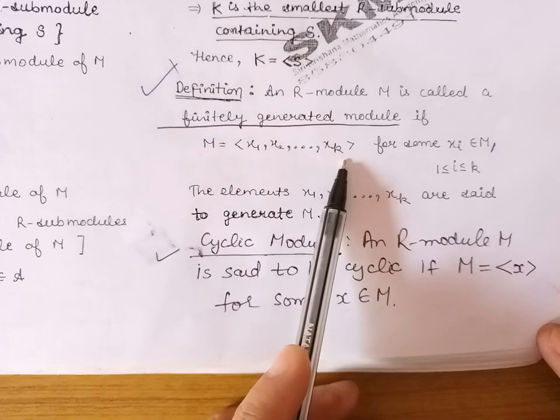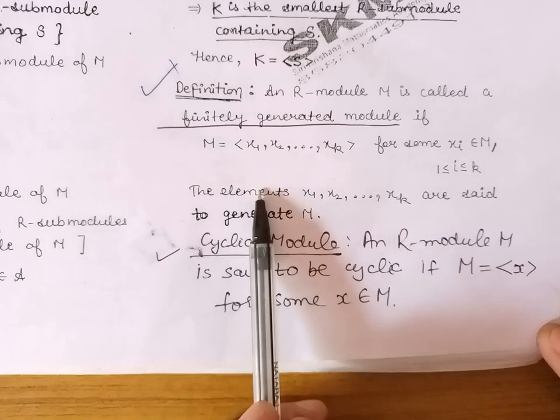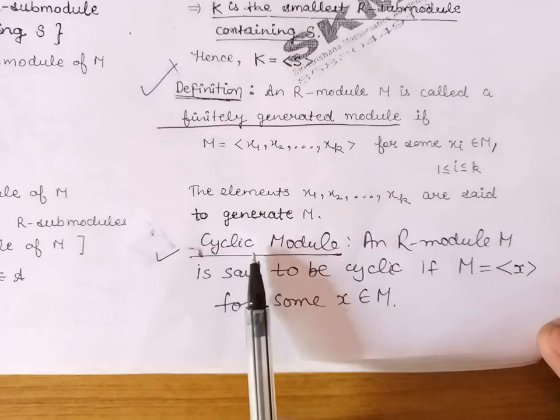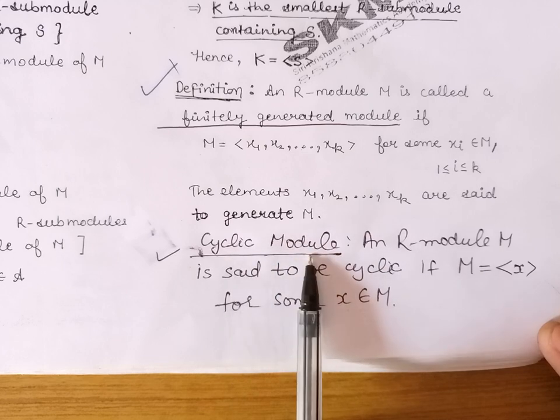Then we say that M is a finitely generated module. So a finitely generated module means one which is generated by a finite number of elements, and these elements are called generators of M.